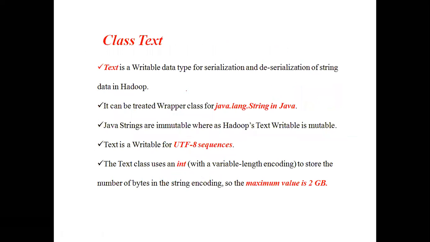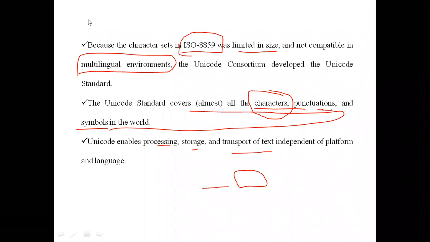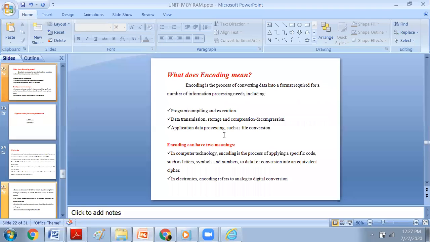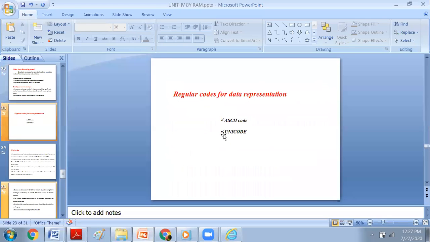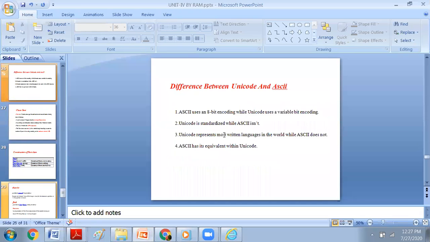Tomorrow we will see about this Text class. What is the Text class in Hadoop, and what are the important methods available in this class? We will discuss that briefly in tomorrow's class. This was briefly about encoding, and the codes available for data representation, with some points about Unicode.